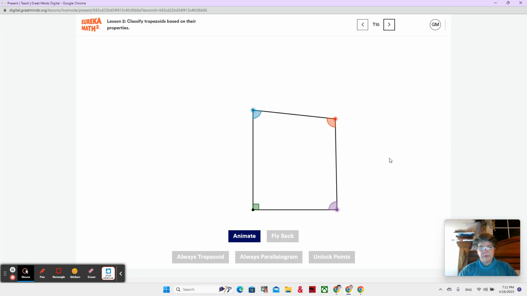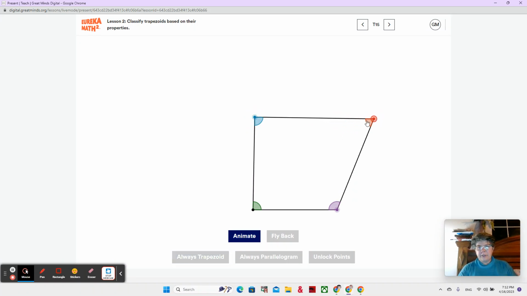Okay, now keep those pieces, and let's look at this interactive here and see the supplementary angles as well. We want to make sure it's a trapezoid. This is a trapezoid because it has these two parallel sides.